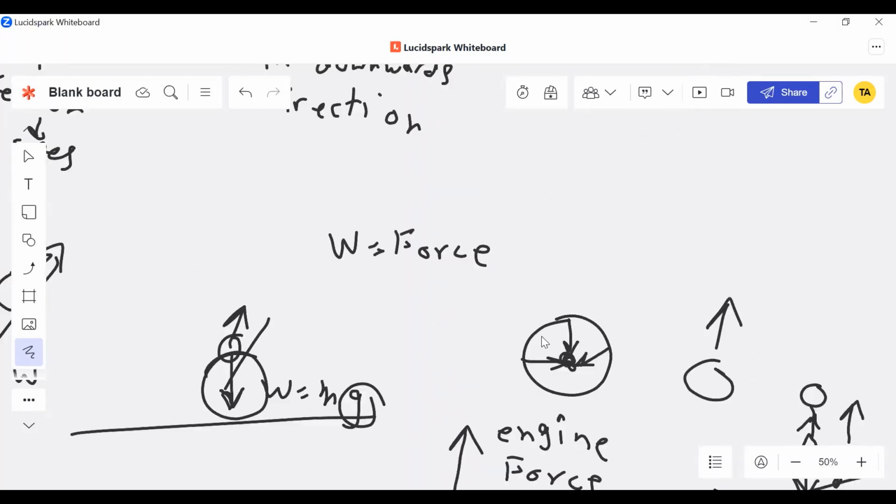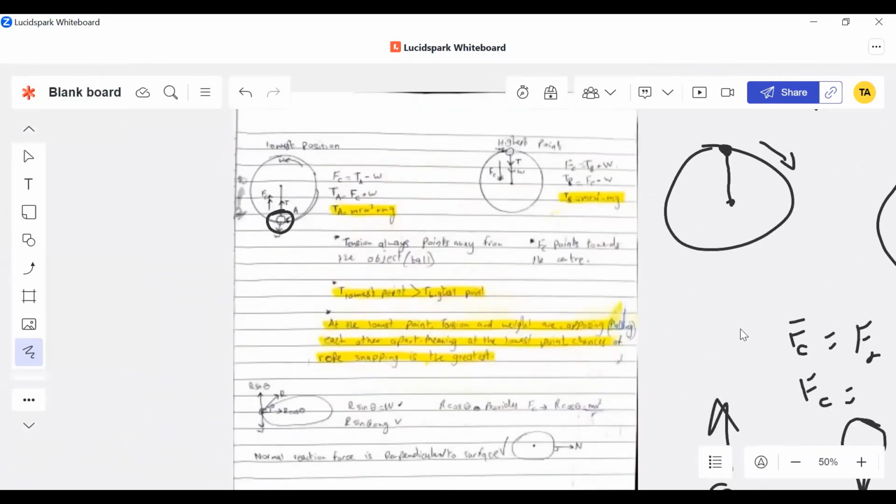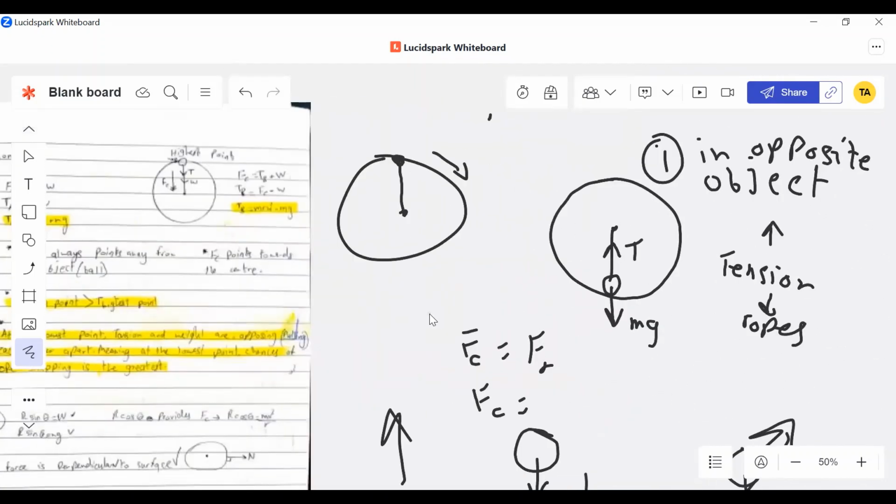That's good. So moving back to the topic, where was I? Yeah, here. I was saying that the centripetal force equals all of the resistive forces, which are the weight and the tension. Now, which direction is tension pointing, upward or downward? It's pointing upwards.